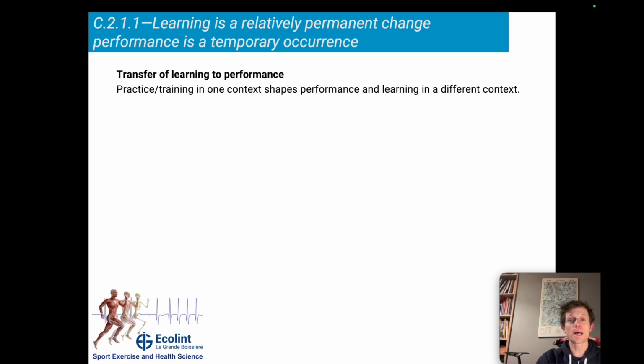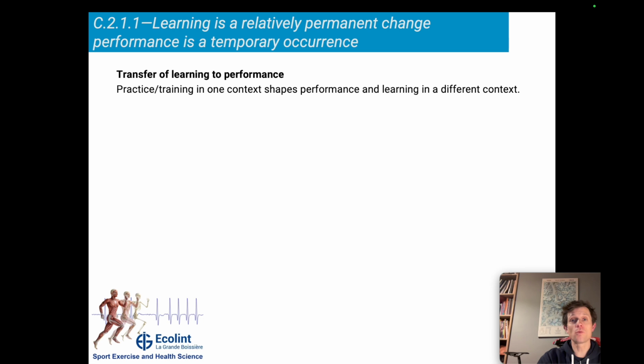From an ecological dynamics perspective, it's not just techniques which transfer across from the learning environment to a performance environment. It's things like perception-action links, i.e. being able to read the environment and respond correctly, decision-making under pressure, and also awareness of affordances from environmental cues. These are all important things which need to transfer across from the learning environment to a performance environment.